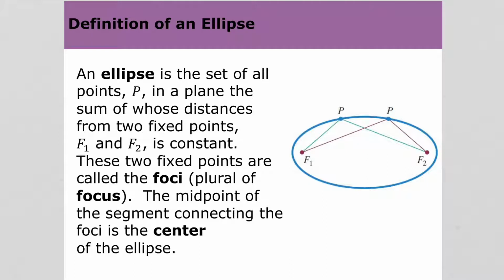An ellipse is the set of all points in a plane, the sum of whose distances from two fixed points is constant. So you have 2 points, which we call foci, here and here. They're always inside the ellipse, and they're always along the major axis of the ellipse.